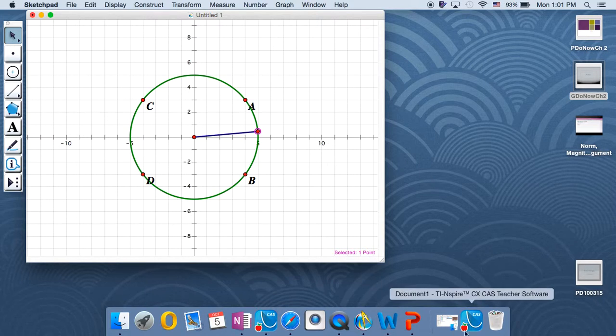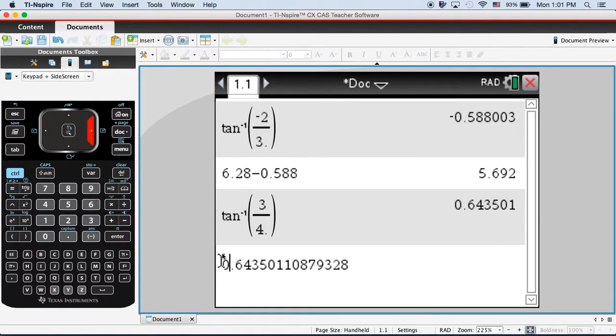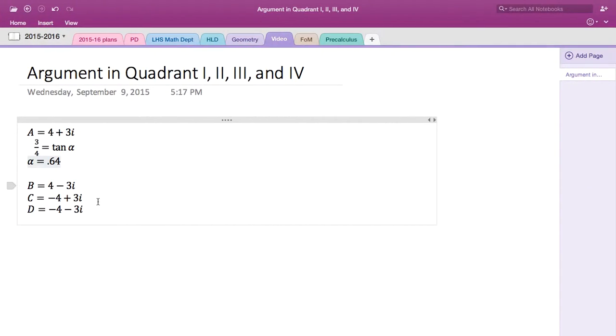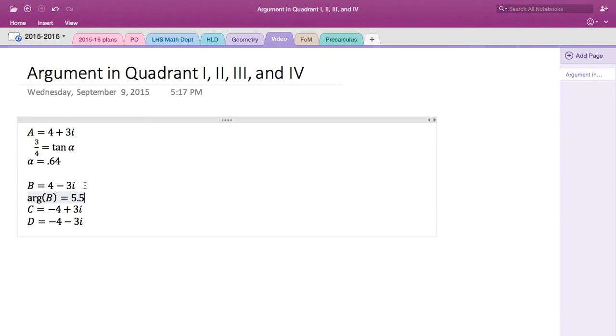So in order to get the distance, we subtract 0.64 from 2 pi, which gives 5.59. So arg B is 5.59.